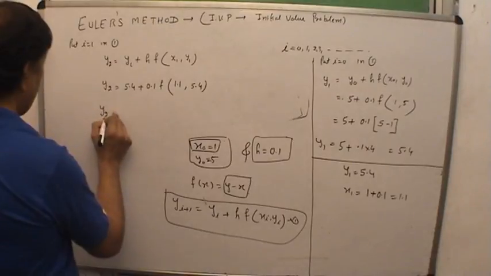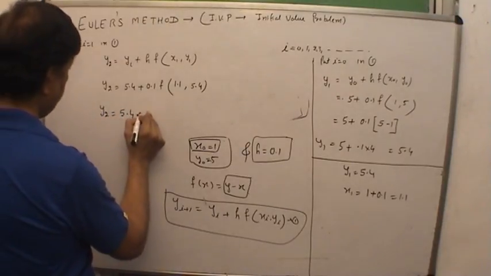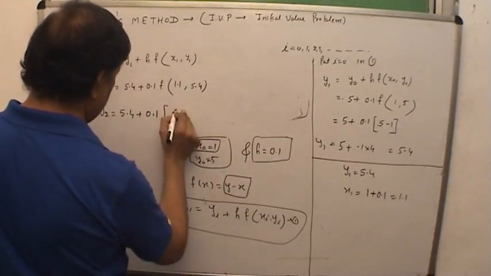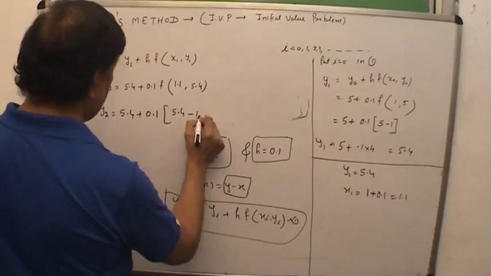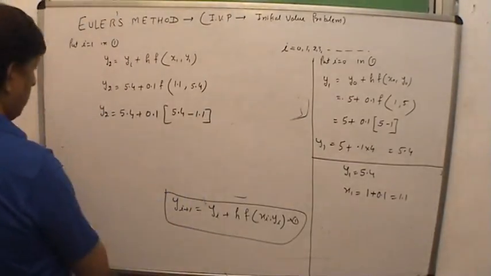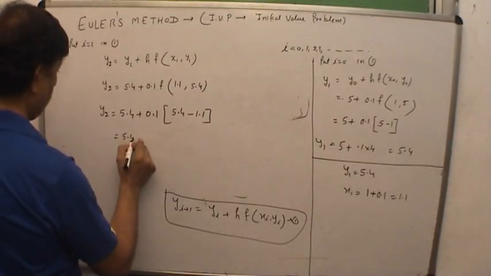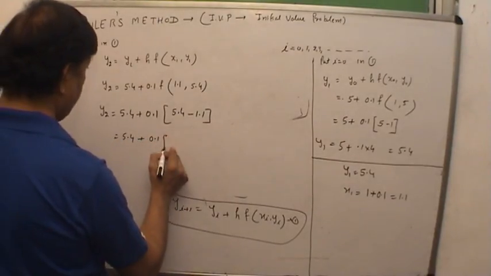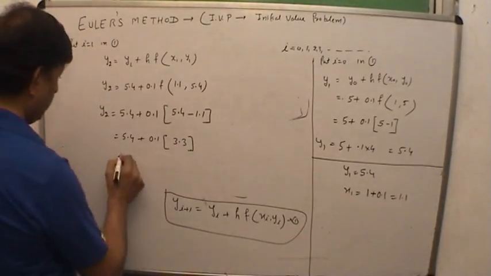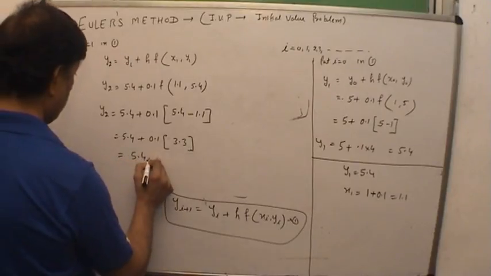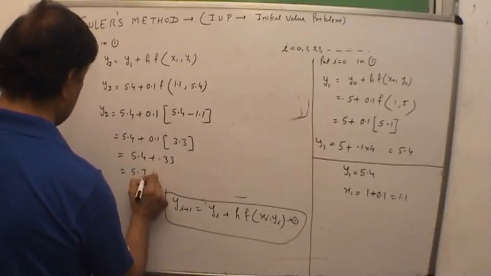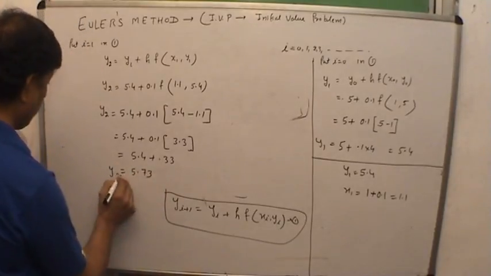That is y2 is equal to 5.4 plus 0.1, and again we put these values in the function, that is 5.4 minus 1.1, and that is equal to 5.4 plus 0.1 into 4.3, that is equal to 5.4 plus 0.43, that is equal to 5.83. It is y2.